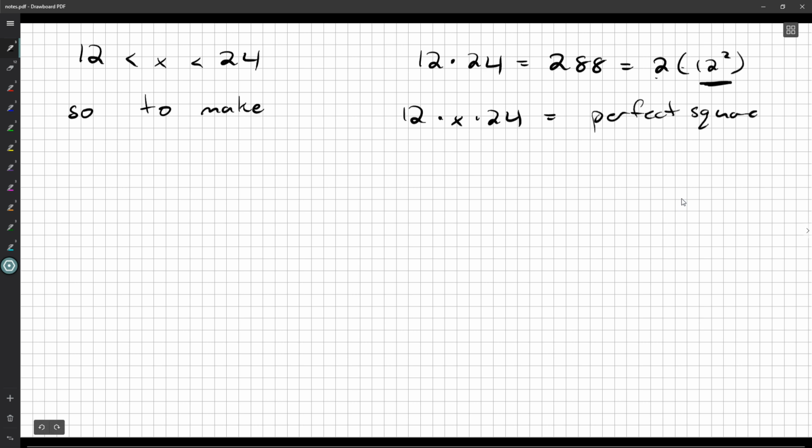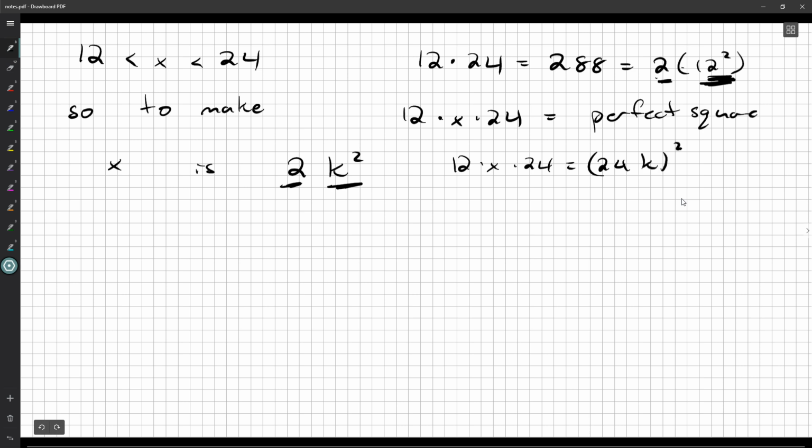So we need x is 2 times a perfect square. Because then this 2 will pair up with this spare 2, and we'll get 2 squared. We already have 12 squared, and then k squared, and we'll be all set. I suppose I should write it maybe as a full square, 24k squared. That's what we'll end up getting.